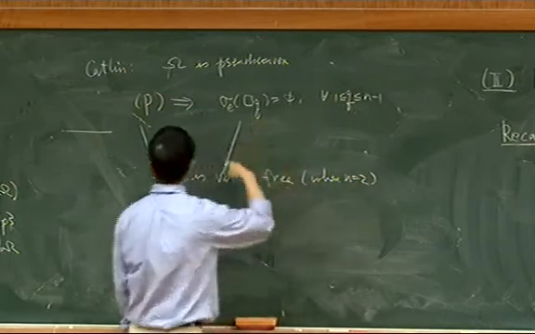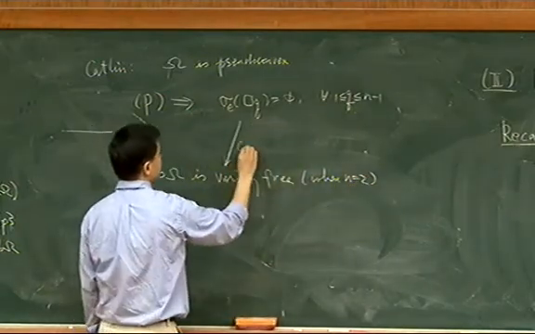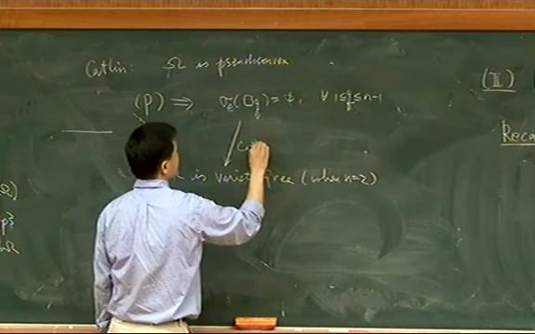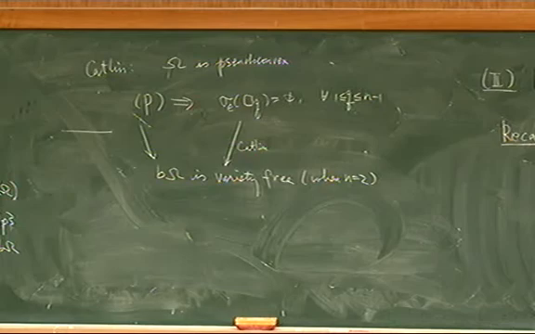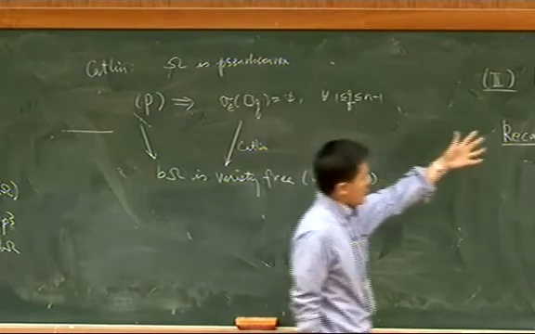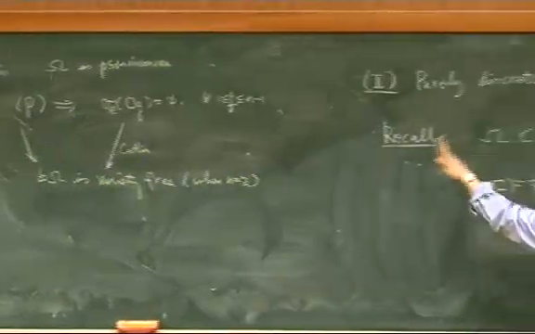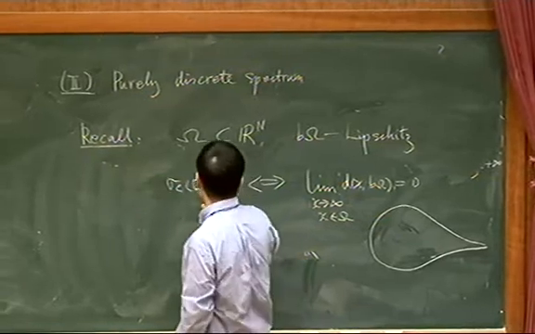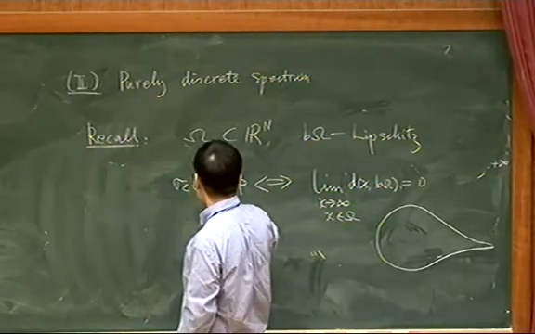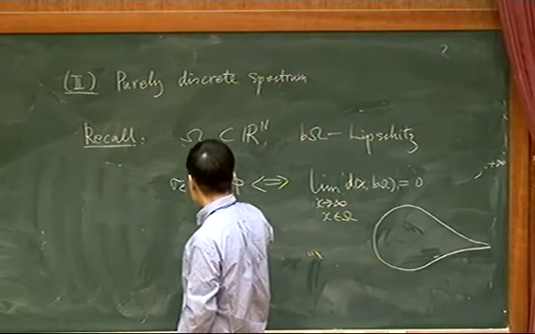This again is an observation by Catlin. So we contrast this result with the result before. We already know that geometry plays a role in the case of dbar-Neumann. Oh, I'm sorry, I used box, but it should be the Dirichlet Laplacian.